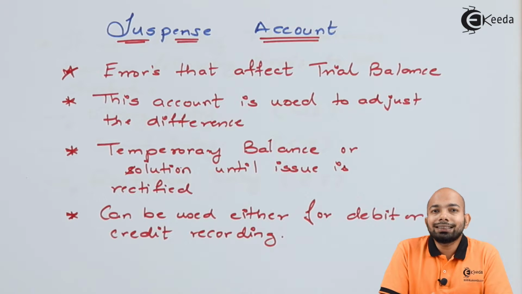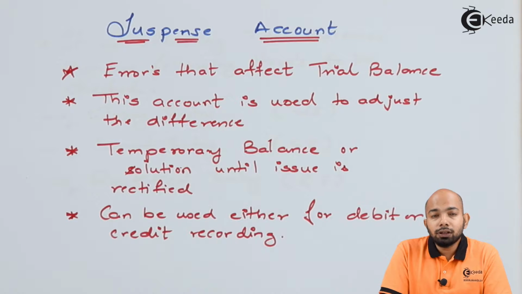So we create this suspense account to make sure that the preparation of the profit and loss account and the balance sheet is not stuck at any point of time when it comes to the financial year ending.